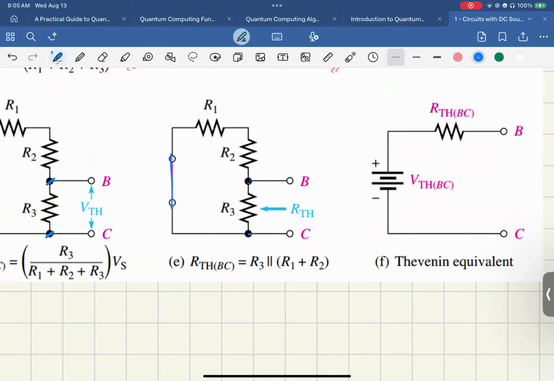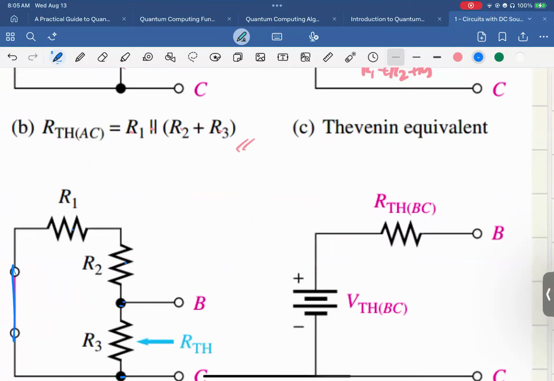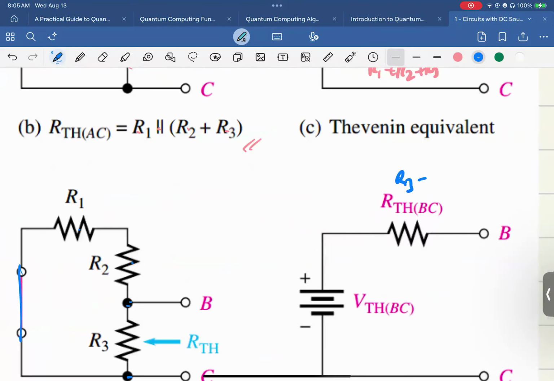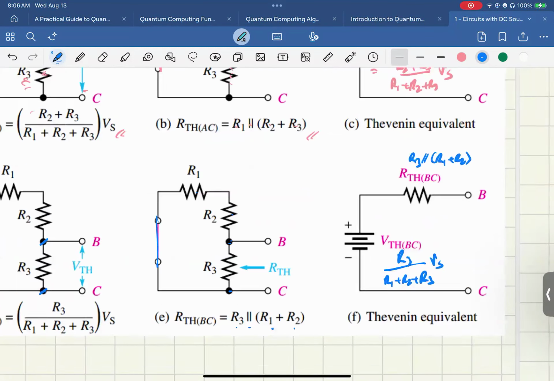So yung equivalent na resistance dito is R3 parallel to R1 plus R2. So dito, yung RTH is R3, plus R3 parallel to R1 plus R2. Tapos ito naman ay R3 over R1 plus R2 plus R3 times V sub S.